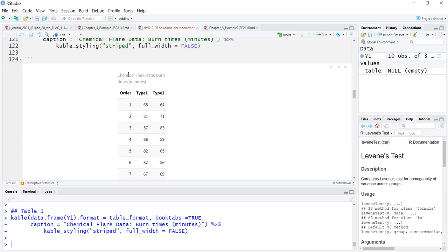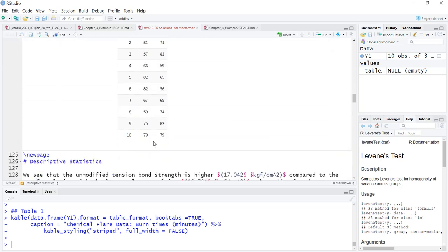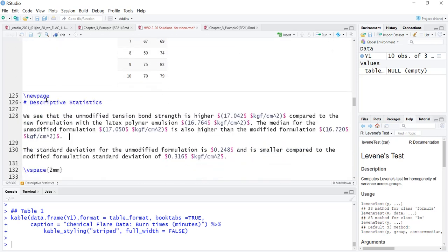Okay, I see that it printed everything out nicely. And now I need to look at the problem. The problem says test the hypothesis that the two variances are equal. That's A. So descriptive statistics are optional because they're not requested for this homework. But I'm going to take it out because it wasn't asked for.